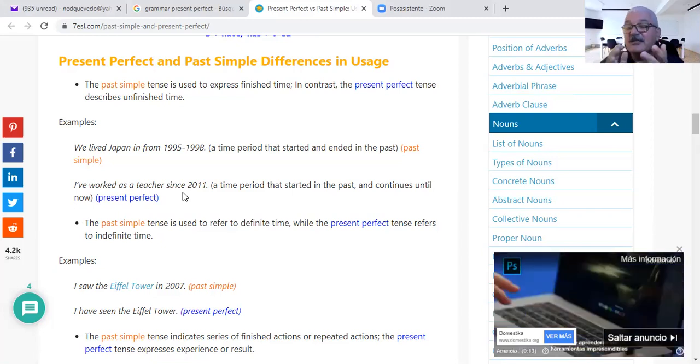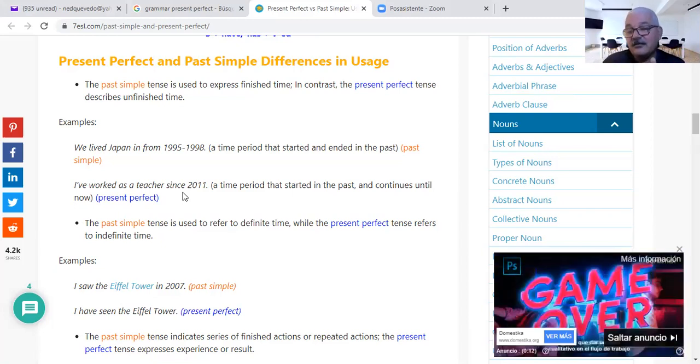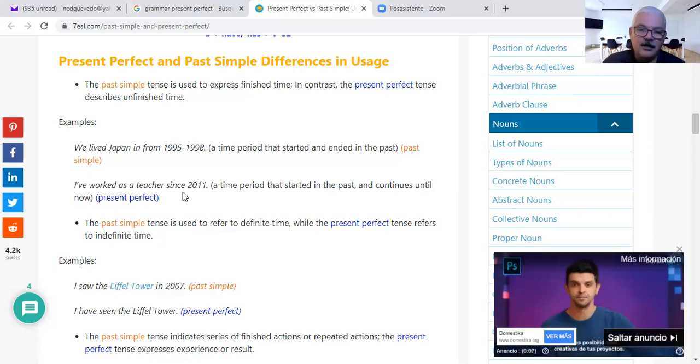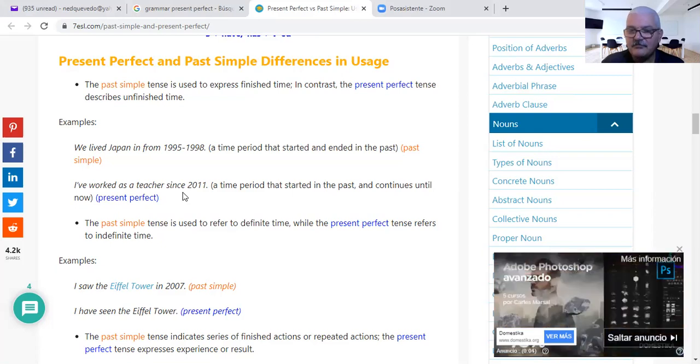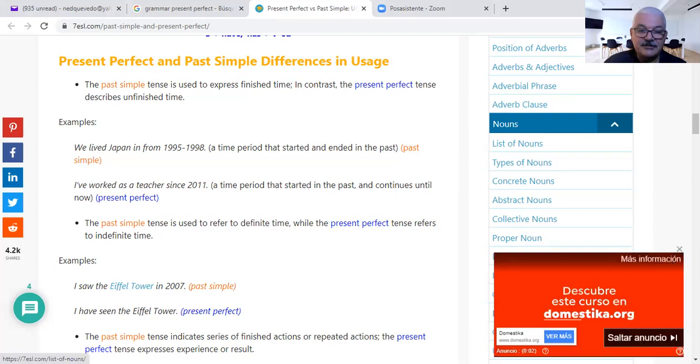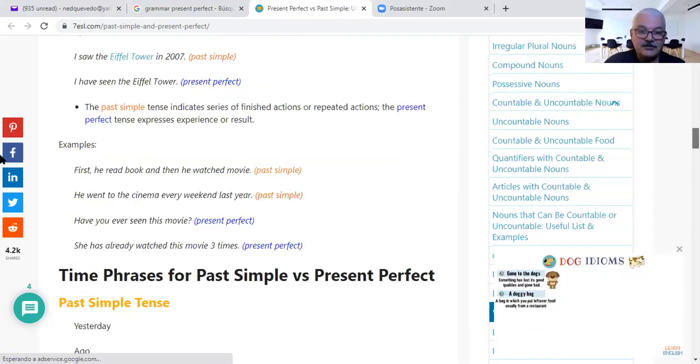And in certain cases, it influences the present moment, okay? Well, that's the main difference between one and the other. For instance, you see here, first, he read.